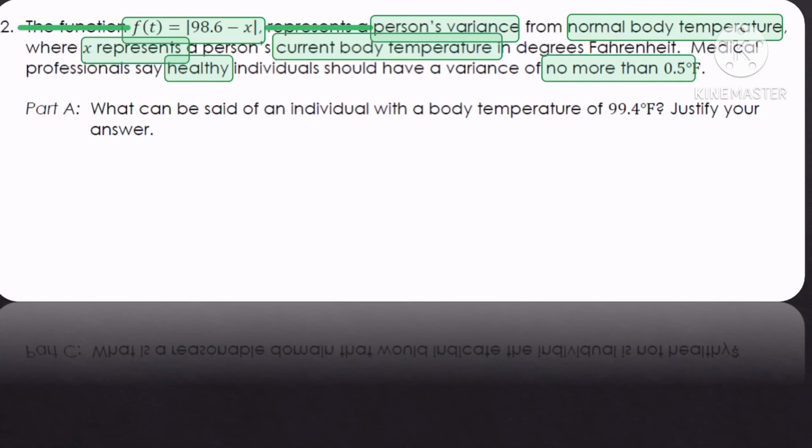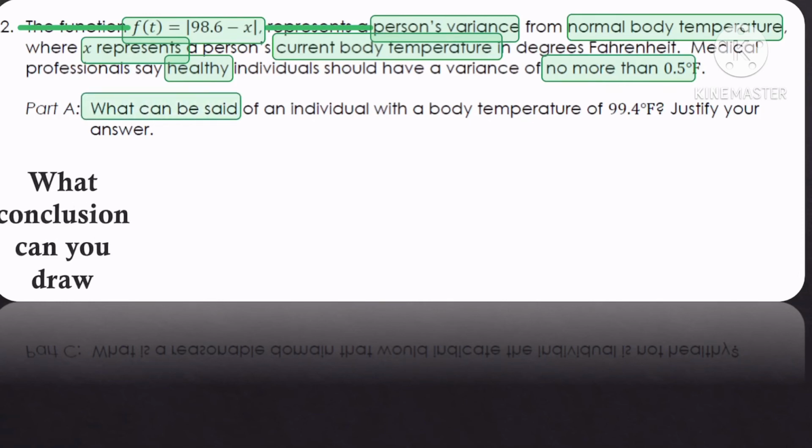So let's look at part A. The current body temperature of someone is 99.4. Well, our word problem told us that X is the person's current body temperature. Okay, so remember, it says what conclusion can be drawn.